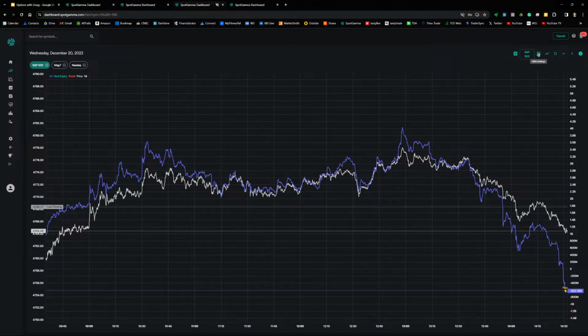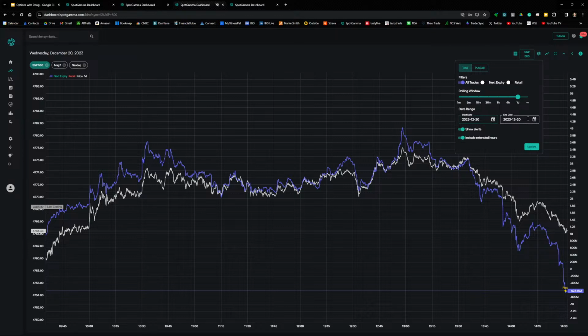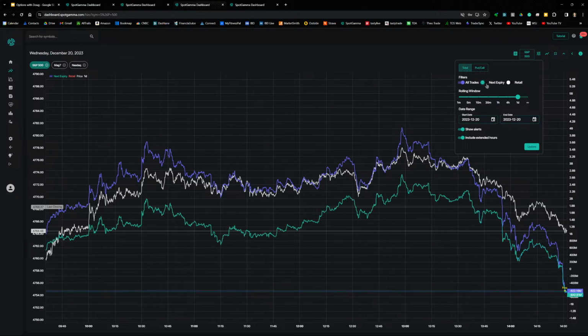So the Hero line now is showing options, all expirations. That's showing all trades. That's the purple line. And then for every instrument, we can also show next expiry. So for the S&P 500, this would be options that expire today.